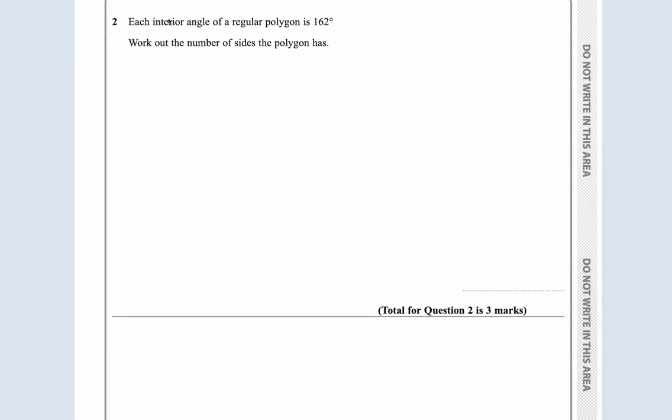Okay, the interior angle of a regular polygon is 162. Work out how many sides the polygon has, right? So guys, this is a polygon like this. It's a regular polygon. We don't know how many sides it has. It goes on and on like that. So this is 162 degrees.